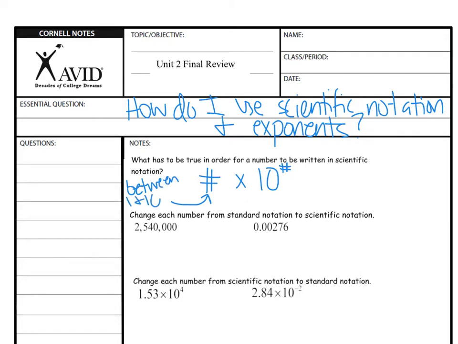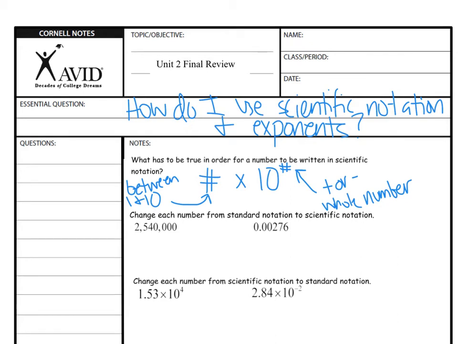It can be a decimal, and most of the time is a decimal, but it's between 1 and 10. And the exponent number that goes with the 10 is a positive or negative whole number. So it could be positive 3, it could be negative 7, but that exponent won't have a decimal in it.